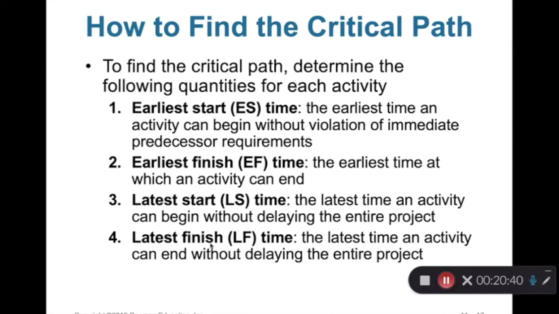We need to calculate all 4 times, ES, EF, LS, LF, and then we can calculate the slack time for each activity. If the slack time equals 0, that activity is critical. Otherwise, that activity is not critical. So this is a general idea for finding the critical path.